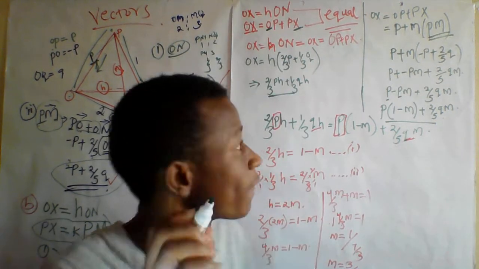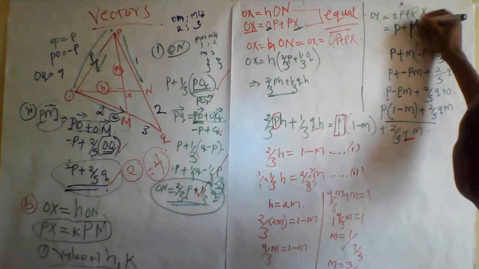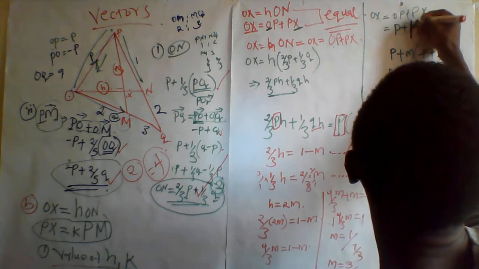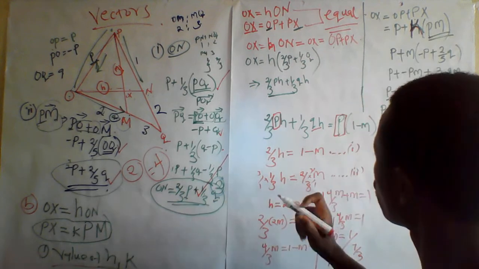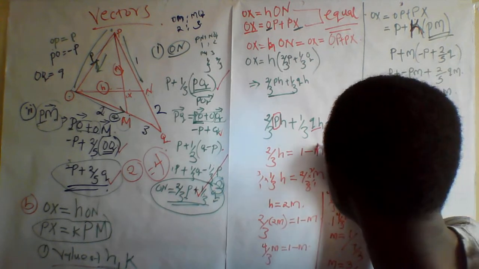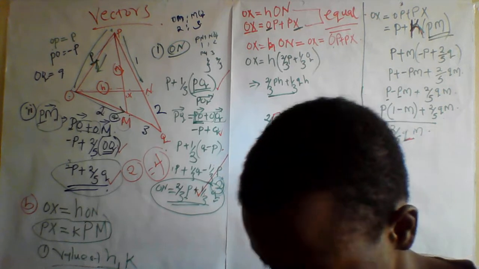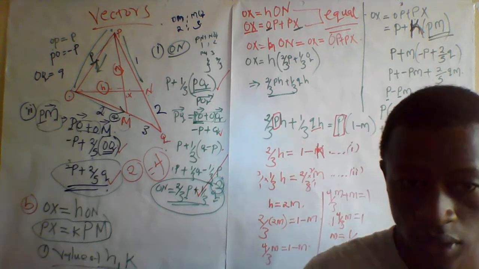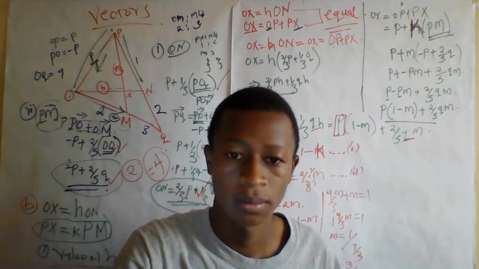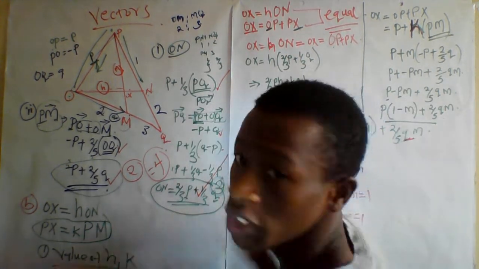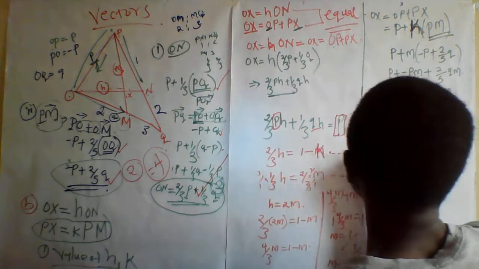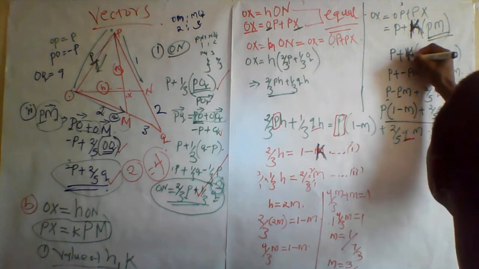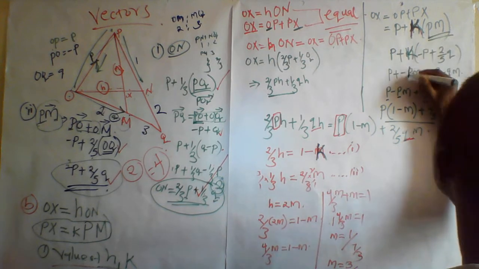Just a slight error we made here. It should be K, not M. So where we have inserted M, we can change it to K. We should be working with K, not M. Here will be KM.